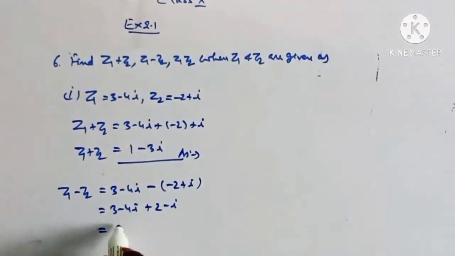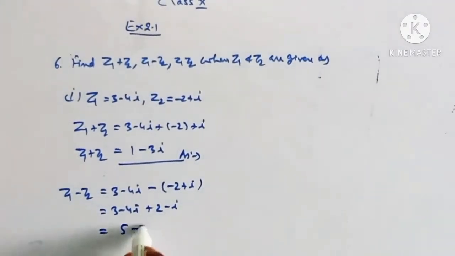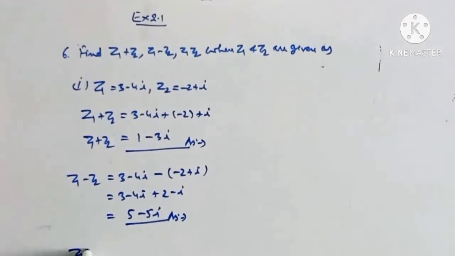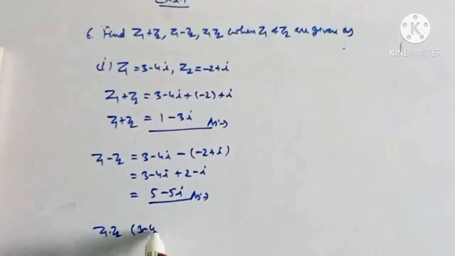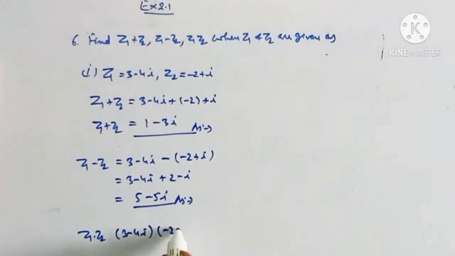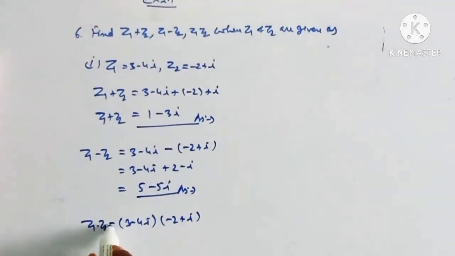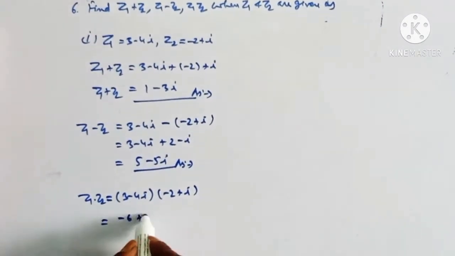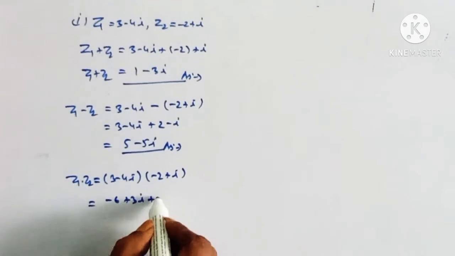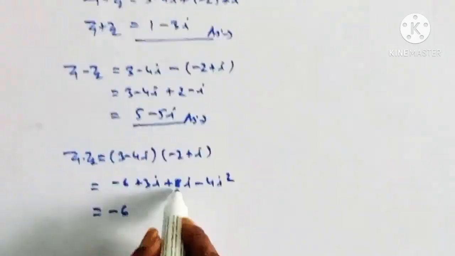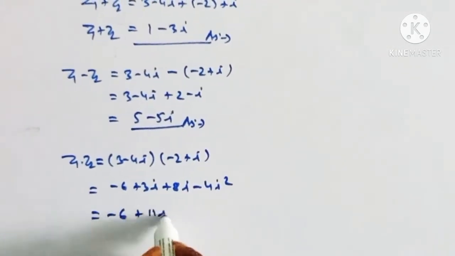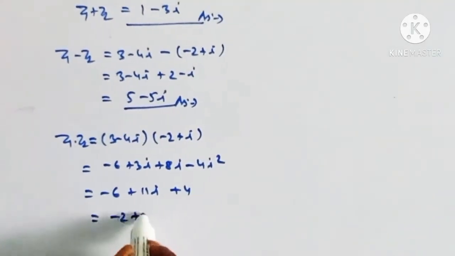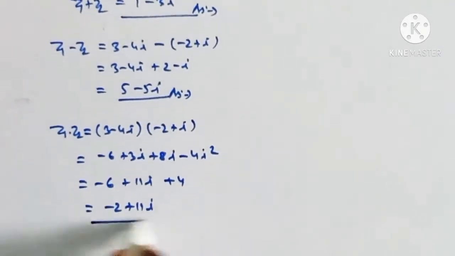So this will be 5 minus 5i. This is your answer. Now again z1 into z2, 3 minus 4i into minus 2 plus i. This will be equal to minus 6 plus 3i plus 8i plus 11i, and this is plus 4. So this will be minus 2 plus 11i. So this is your answer.